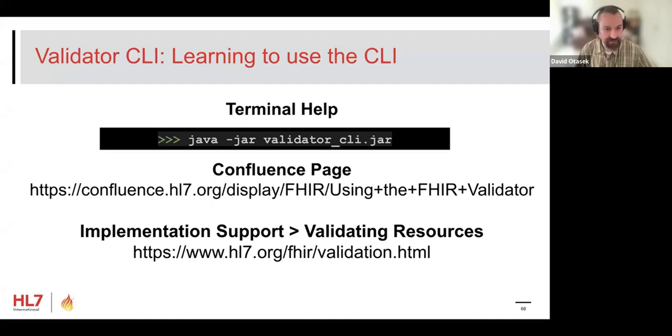More detailed documentation, including examples, can be found on the Confluence page, maintained by Graham and myself and the FHIR community. The logic of validation itself, which is what I just went through, is documented in its own specification. And if you're evaluating what a resource requires in order to be valid, this can be an invaluable resource.